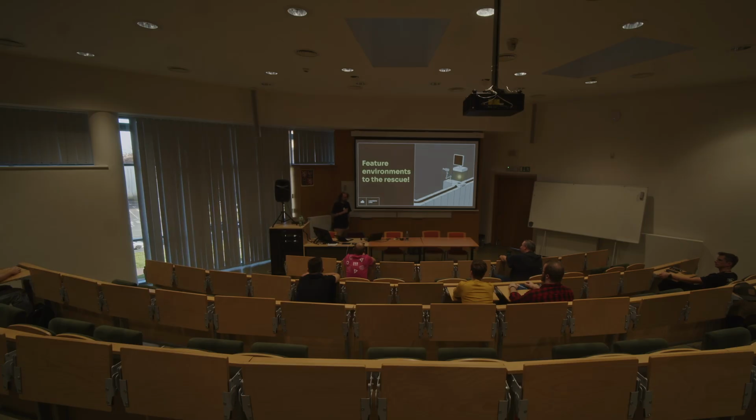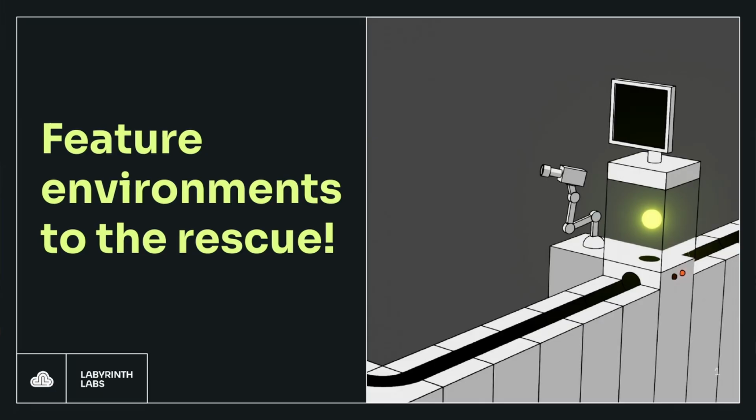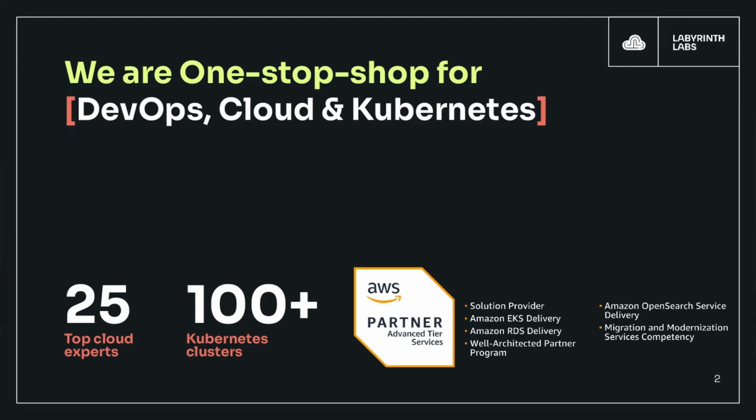I've been working as a DevOps engineer for at least 10 years, and currently I'm working at Labyrinth Labs. And what do we do? Well, basically we are trying to help our customers survive in the hostile world of cloud, when you are overwhelmed with complexity, and we are trying to prevent them from going bankrupt because of the cloud bills.